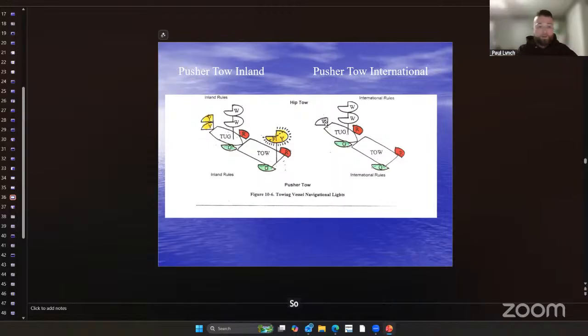The way I've studied this in the past, and my best recommendation, is to figure out what's different between these two pictures. Everything else is the same except the yellow light. There are no yellow lights, and they just turn on a stern light. It's just a few things.